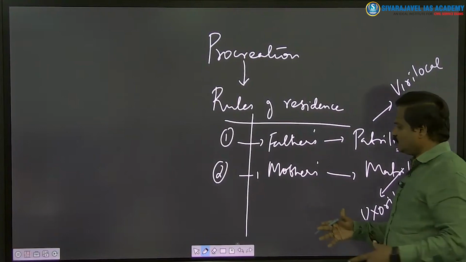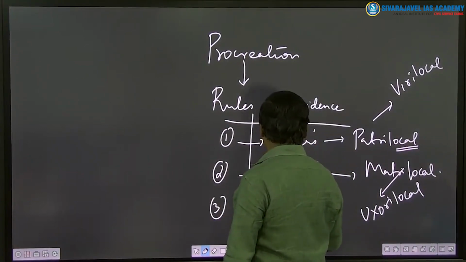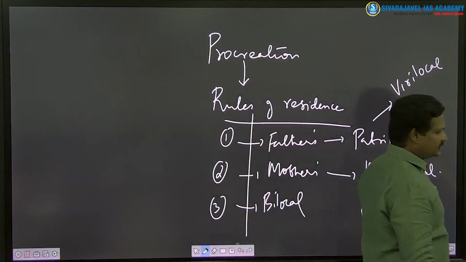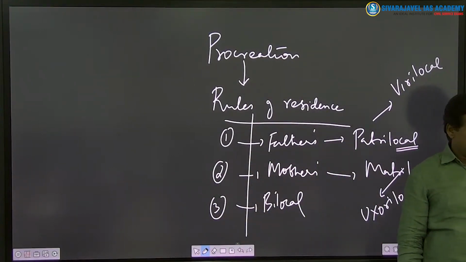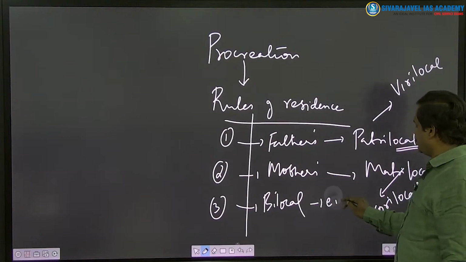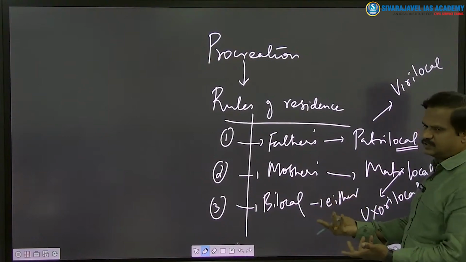Sometimes you can stay in both houses. You can stay in the father's house as well as the mother's house. It is called bilocal. Bilocal means either you can stay in your father's house or your mother's house. It is a choice given to you.